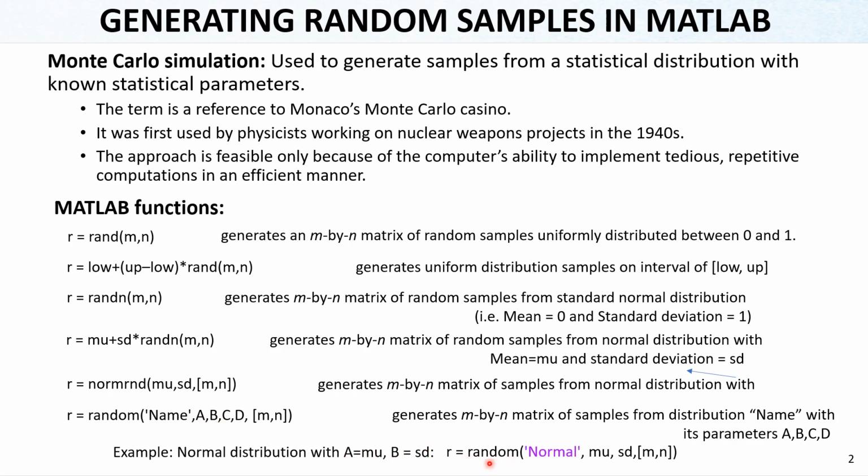Then we can generate data from the normal distribution using mu and SD. It can have up to 4 parameters, so we can generate random samples from other distributions as well. You can check the MATLAB help or documentation file to see which distributions you can use, for further explanation of these.